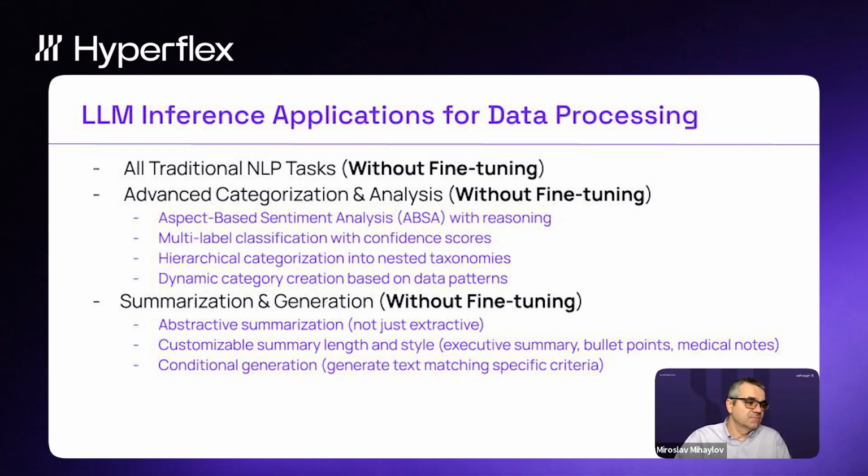I'll just point to the second bullet point here about summarization and generalization without fine-tuning. The idea here is that it's abstractive, not just extractive. An extractive summarization just copies the existing sentences directly and creates some different version.